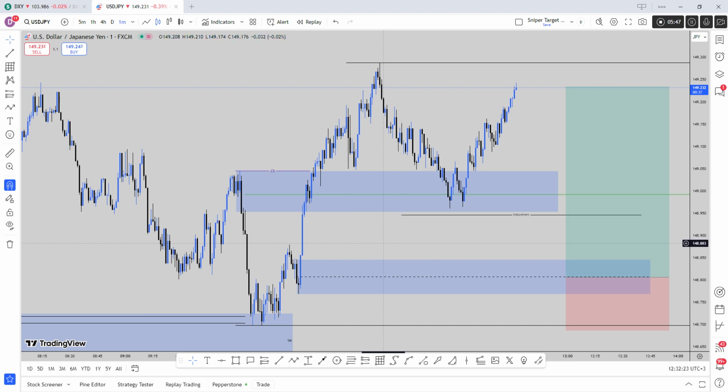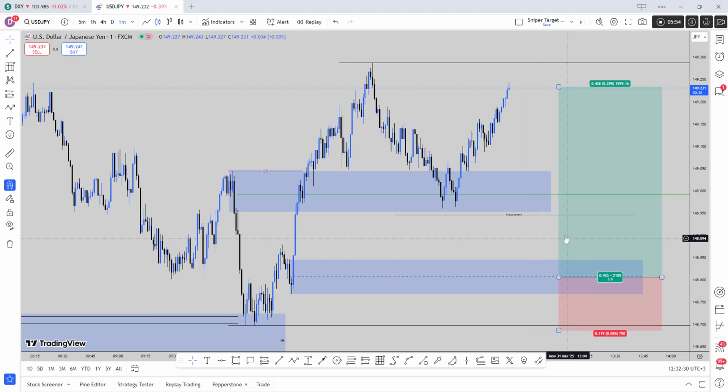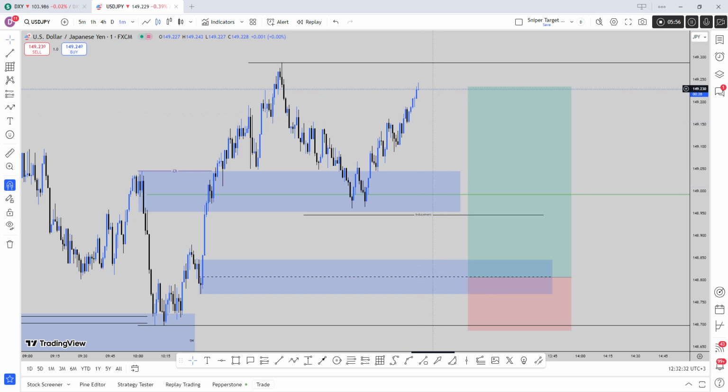So one of the things that would invalidate this setup is if we see the market actually taking out this 1 hour fractal targeted high, because then that means that the range that we are working with is now this one. This would be the low and this would be the high.